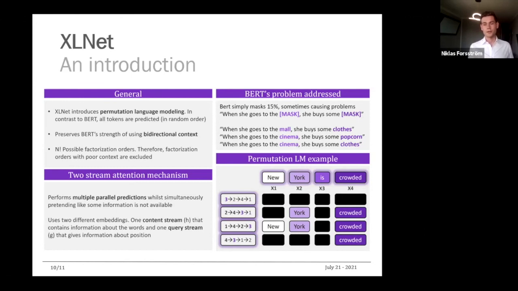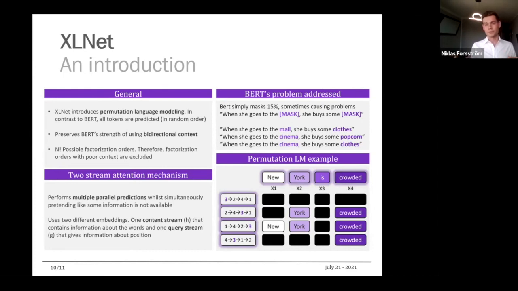Just to give a high-level understanding of what XLNet does differently, it predicts all tokens in the sentence, and it does so using something called permutation language modeling.